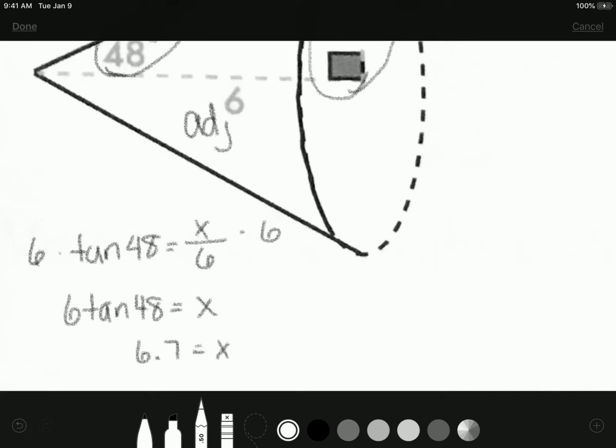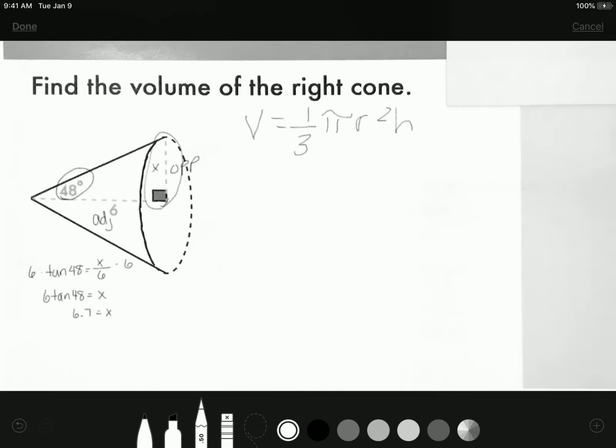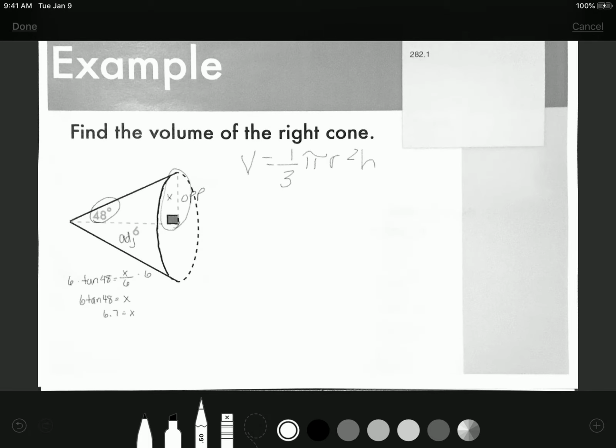Okay, so 6 times tangent of 48 gives us 6.7. That's going to be our radius that we're going to plug into our formula. Now the 6 is going to be our height since it forms the 90-degree angle with the base. So we have 1/3 pi times 6.7 squared times 6.